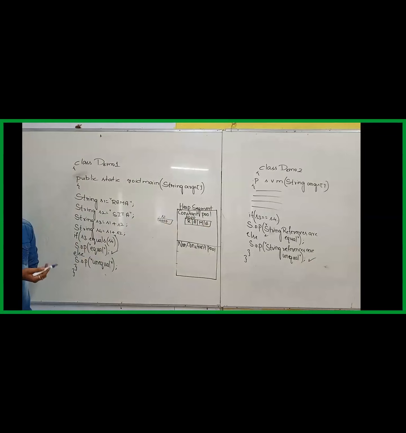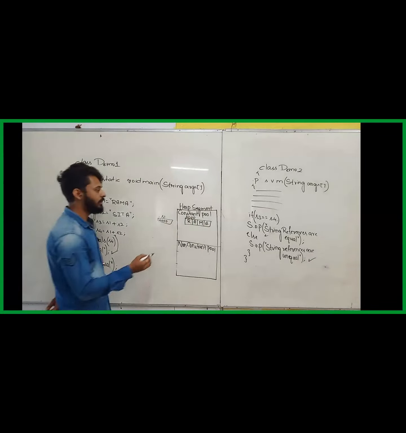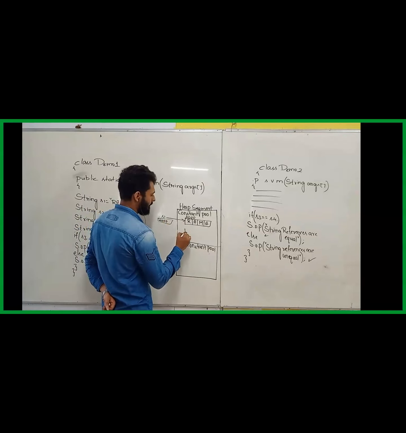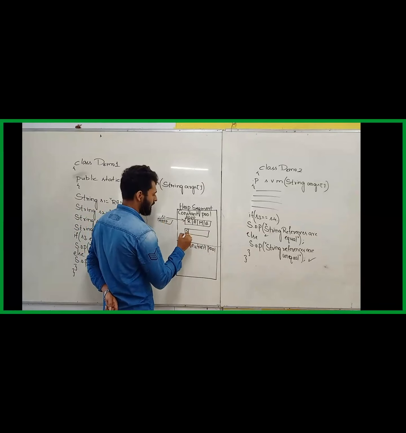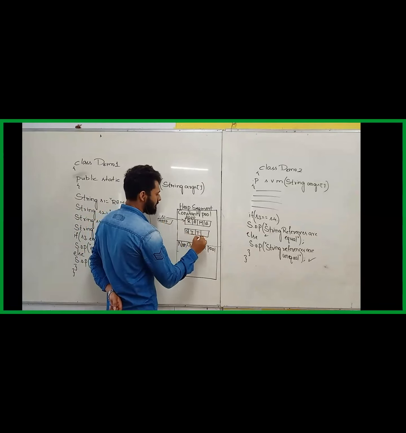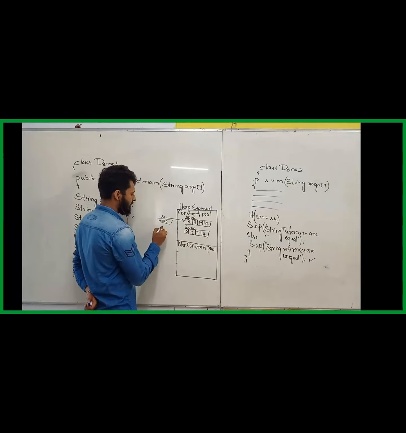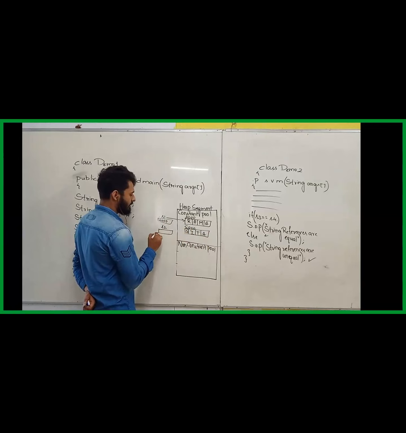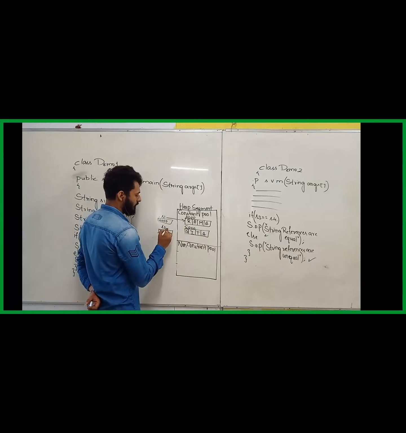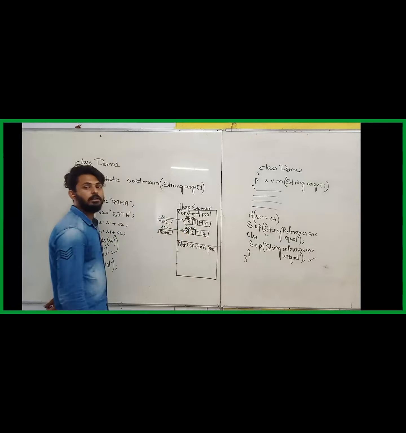Constant pool only. It will check for duplicates, but are there any duplicates? No. So what will it do? It will create one new value, that is Sita, and this will be at 5,000, and here will be S2, pointing to 5,000. Next.